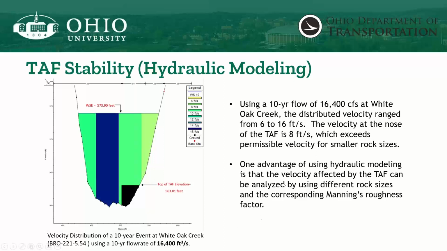So I just said here, one advantage of using hydraulic modeling is the velocity effect by the TAF can be analyzed using different rock sizes, which can affect different lengths and roughness values, and so you can do different testing, right? Using hydraulic models.